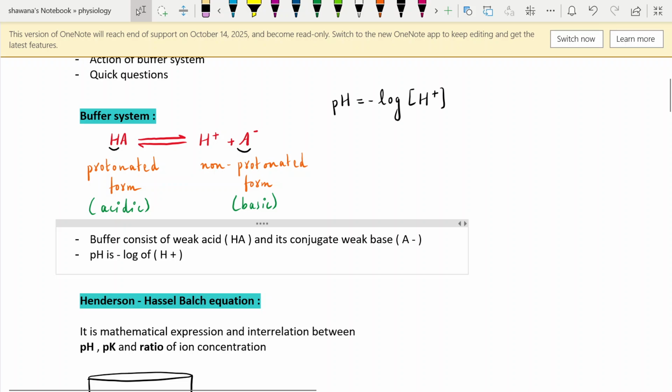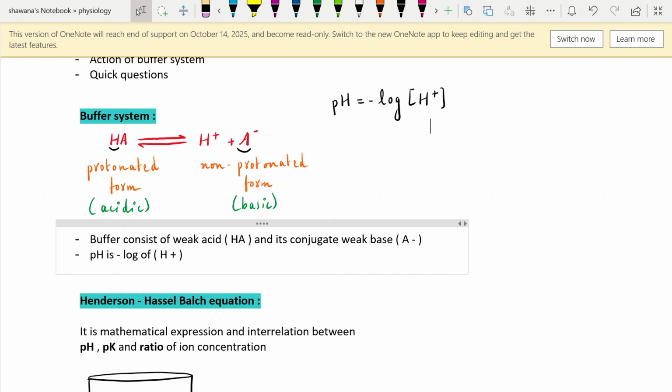One most important equation, or relation, is known as the Henderson-Hasselbalch equation. This equation is a mathematical representation of the relation between pH, pK, and the ratio of ion concentrations. It shows the relation between the pH of a solution, the pK, the coefficient, and the ratio of the ion concentrations. We need to understand this.